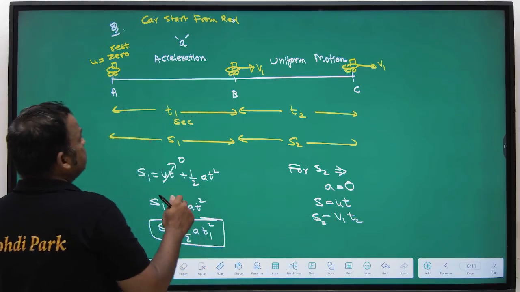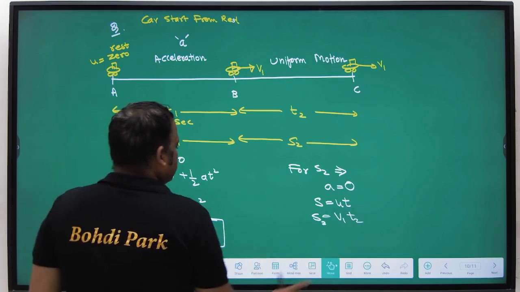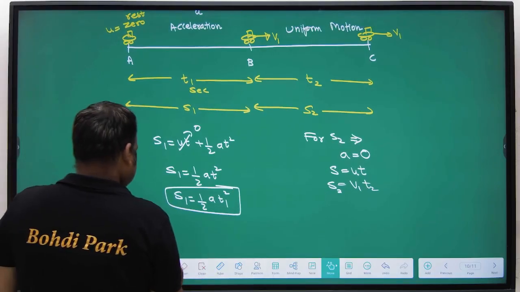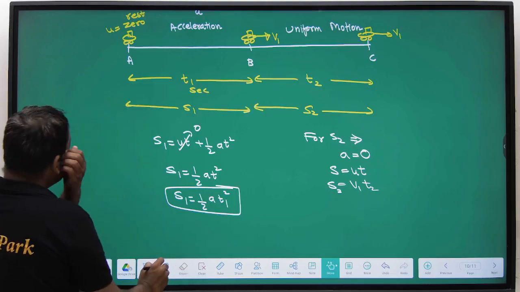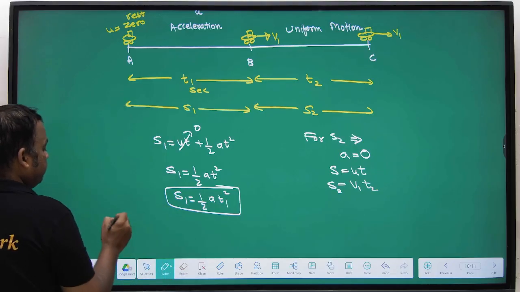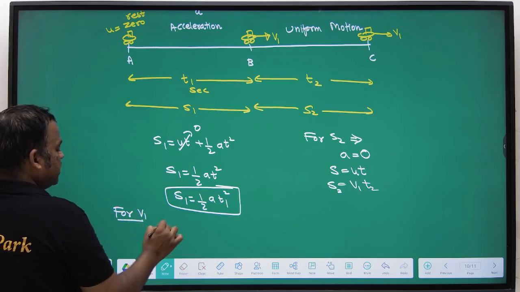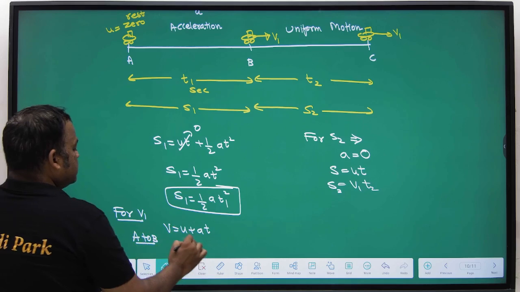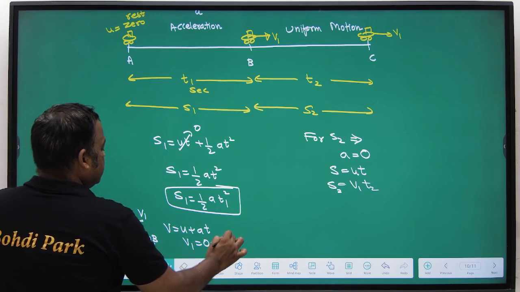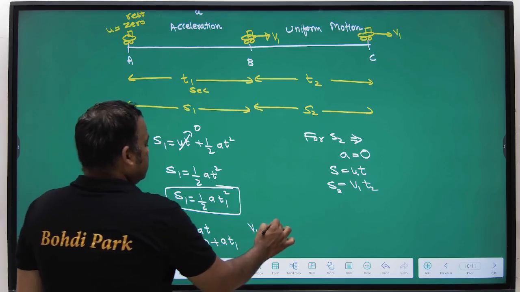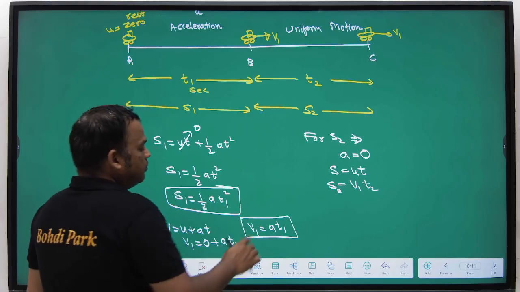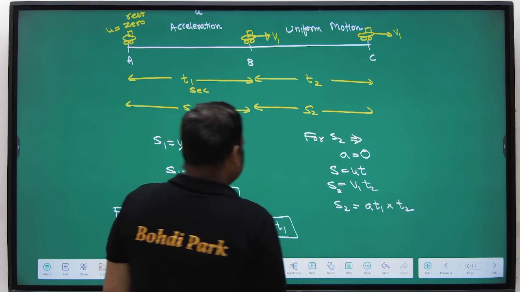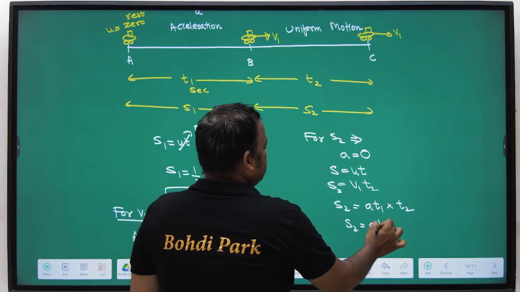For V1, we will use V is equal to U plus At from A to B. So we will get V1 is equal to 0 plus AT1. So V1 is equal to AT1. Now we will put here in S2. So S2 is equal to AT1 into T2. So S2 is equal to AT1 T2.